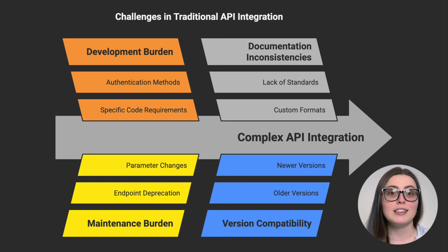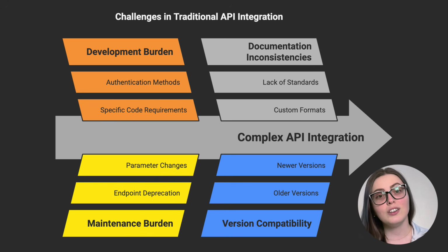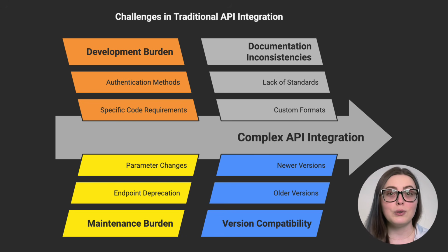This creates a development burden. Then there is maintenance. APIs change over time, endpoints get deprecated, parameters change, and new features get added. Each change requires updates to our integration code, creating an ongoing maintenance burden that grows with each new API we add.